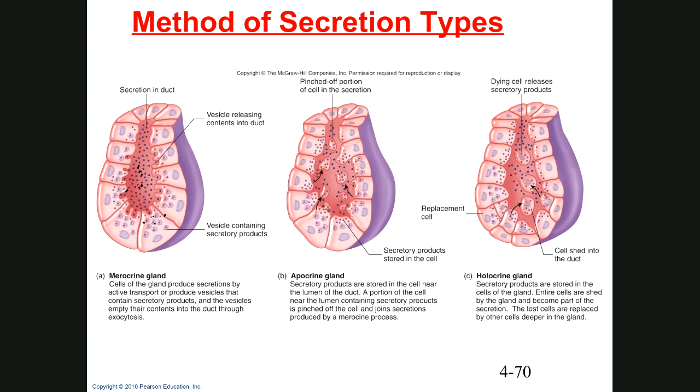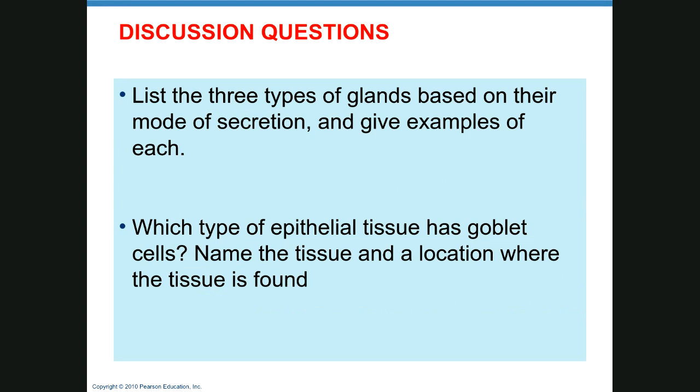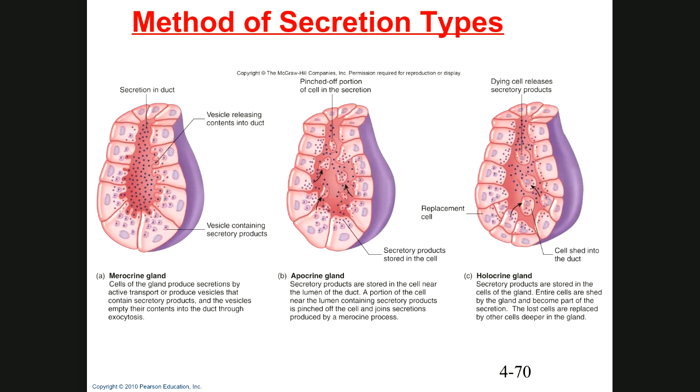The next mode of secretion is apocrine, and what these glands do is they pinch off little pieces of their cytoplasm, and that's what's secreted. Examples of apocrine glands are mammary glands. Mammary glands secrete their product by pinching off little pieces of cytoplasm right there.